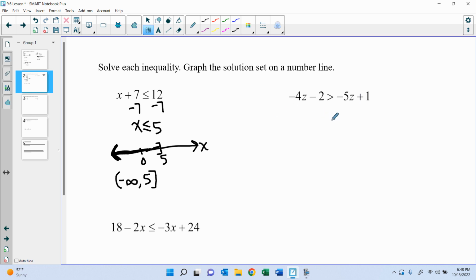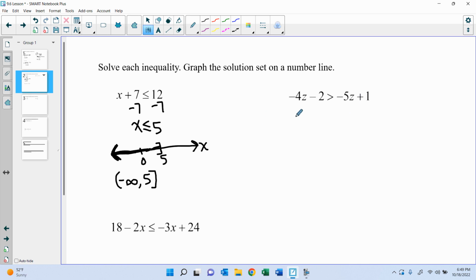This is actually the reason that we move the smaller variable first, to end up with a positive in front of the variable.